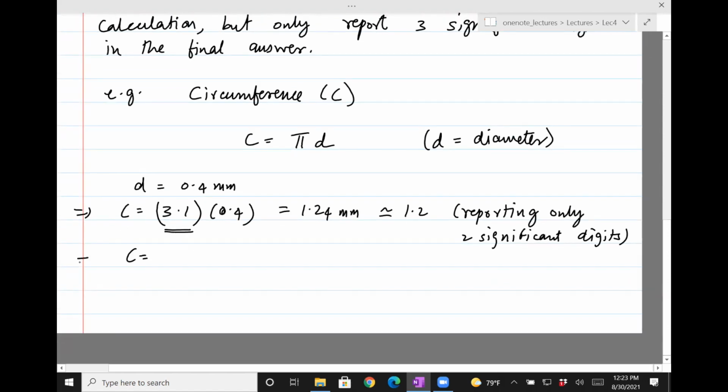However, if you use the full accuracy, that is, if you use a calculator and print pi, then it comes out to be up to, I think, 9 significant digits, 3.141159, and so on. Then you will get something like 1.256 mm. And then when you round it up, you end up with 1.3, right? Which is now 2 significant digits.